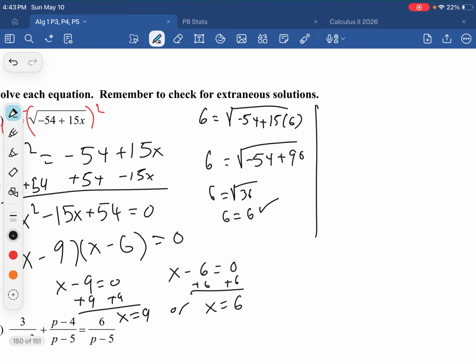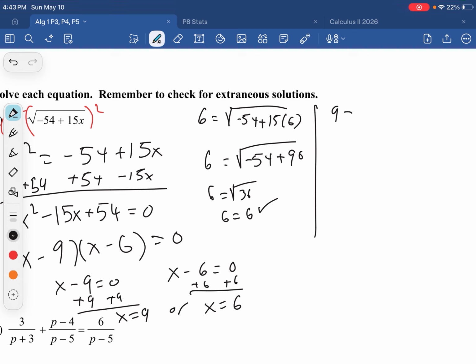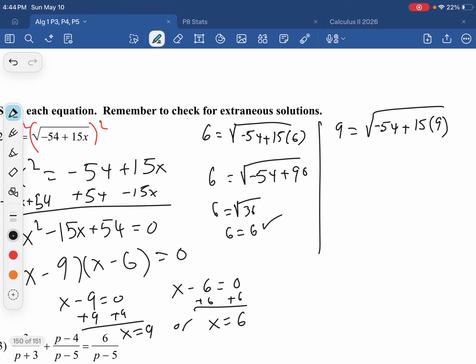For 9, I get 9 equals the square root of negative 54 plus 15 times 9. 15 times 10 would be 150 if I take away 15. Taking away 10 would be 140, then taking away 5 would be 135. So I've got 9 equals the square root of negative 54 plus 135.